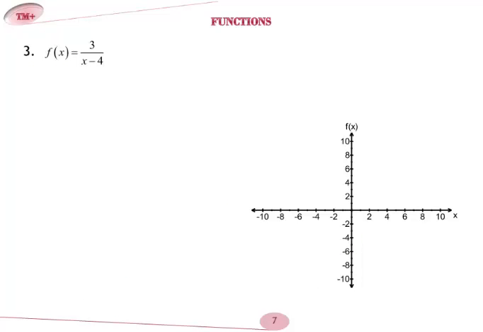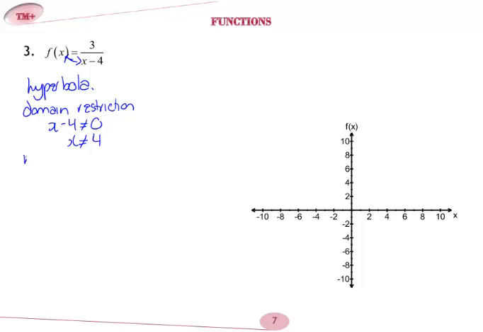Okay, another one, f of x equals 3 over x minus 4. I know that's a hyperbola because I'm dividing. So that means there's going to be a domain restriction, and that's because my denominator there can't equal 0. So x minus 4 can't equal 0, x can't equal 4. I also know by swapping these two values around that I've got a range restriction.